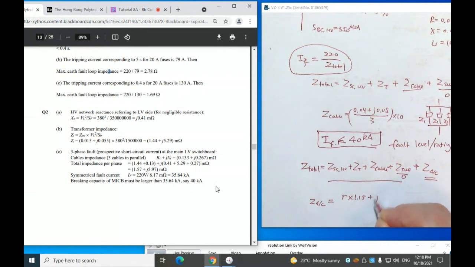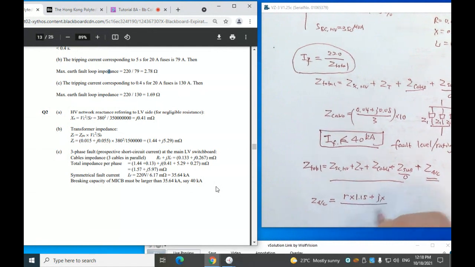And the reactance divided by root 3, where root 3 means the conversion from the line impedance to phase impedance, because the COP table just shows the line impedance, and multiply by the length. So this is the way to determine the cable impedance for three-phase fault current.